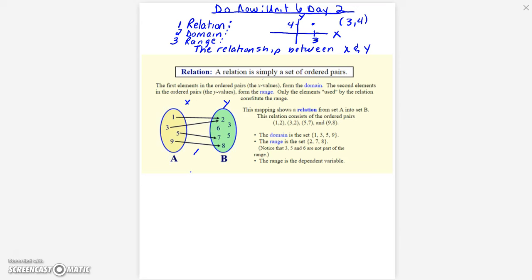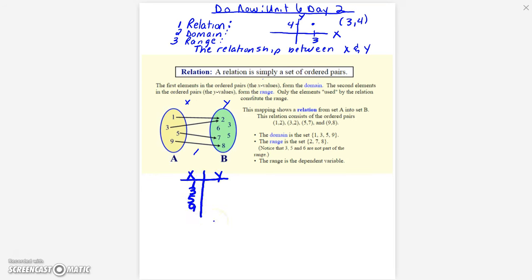So we could put those in a table if we have an x and a y in our table. And our x values are 1, 3, 5, and 9.